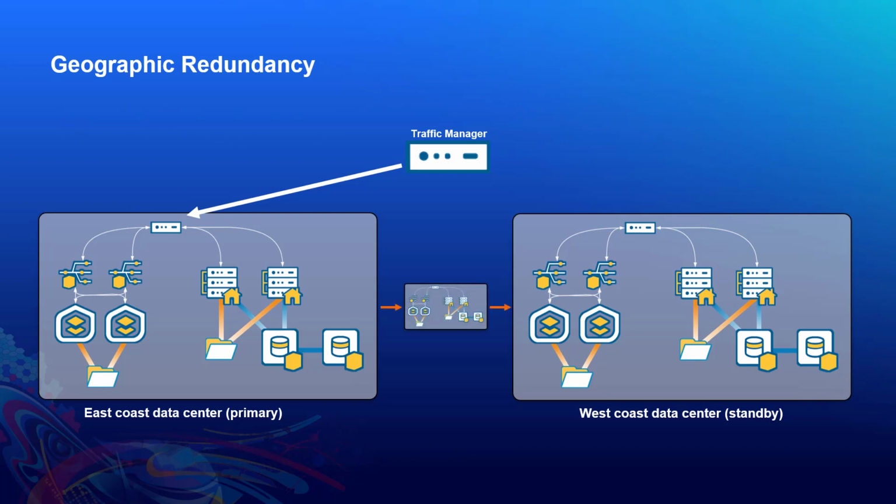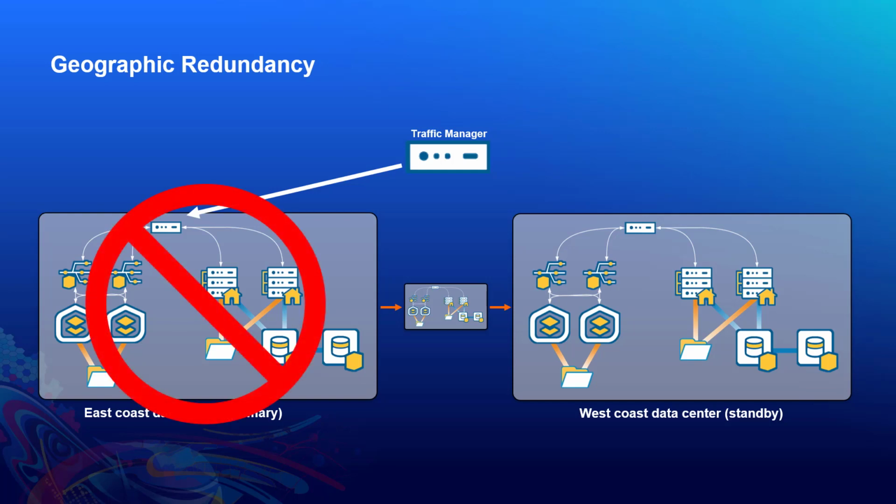So on a scheduled basis, I'm taking a backup from the East Coast data center, shipping it over to the West Coast data center, and then restoring it. In the event that my East Coast data center goes down, so my primary environment goes down, I can flip over the traffic manager to send traffic to the standby data center.